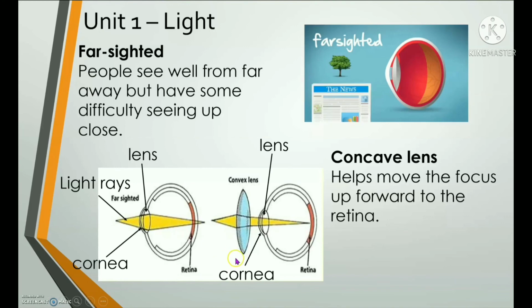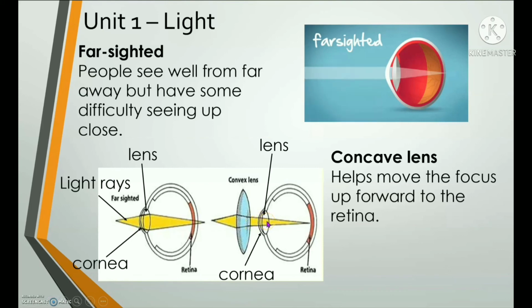We can fix that by using the convex lens. The convex lens is thicker in the middle. So when the light rays pass through the convex lens, they will bend inwards. So before they pass through the lens of the eye, the light is already bent inward.